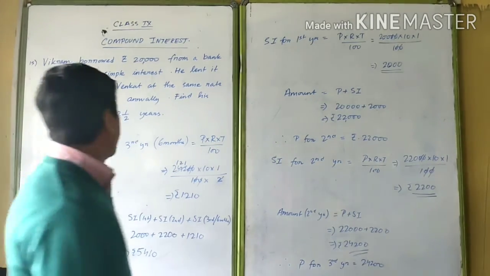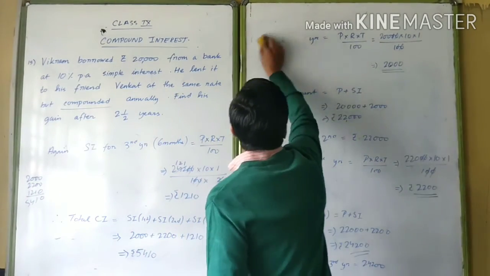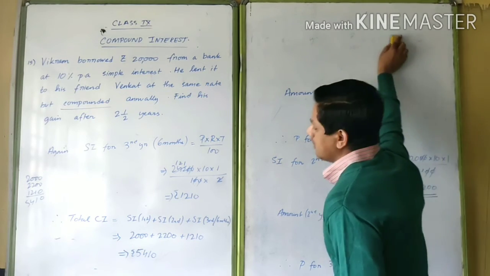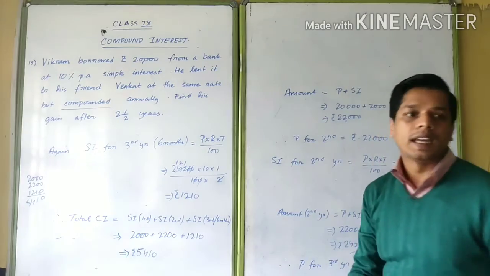But Vikram had paid only rupees 5,000 to the bank, so his gain will be this CI minus the SI.